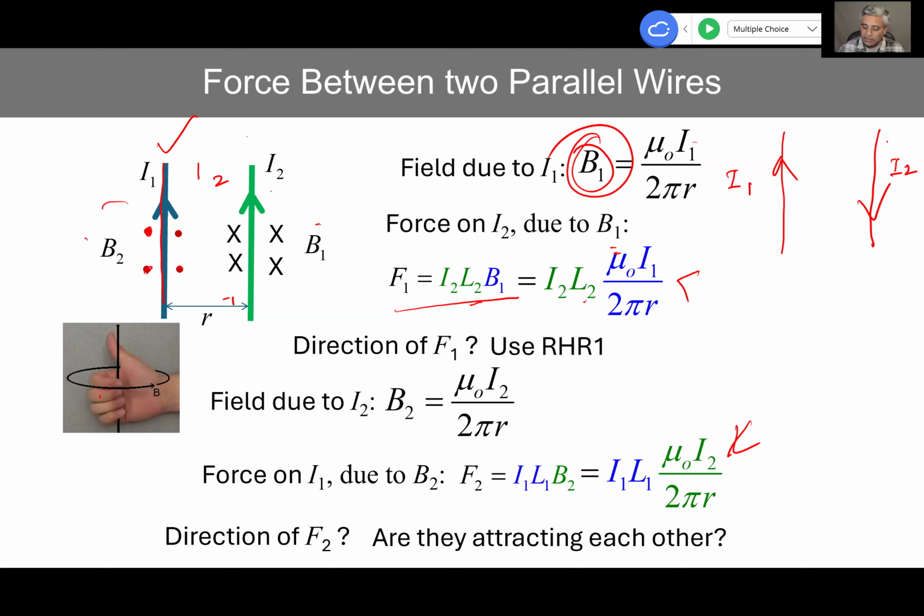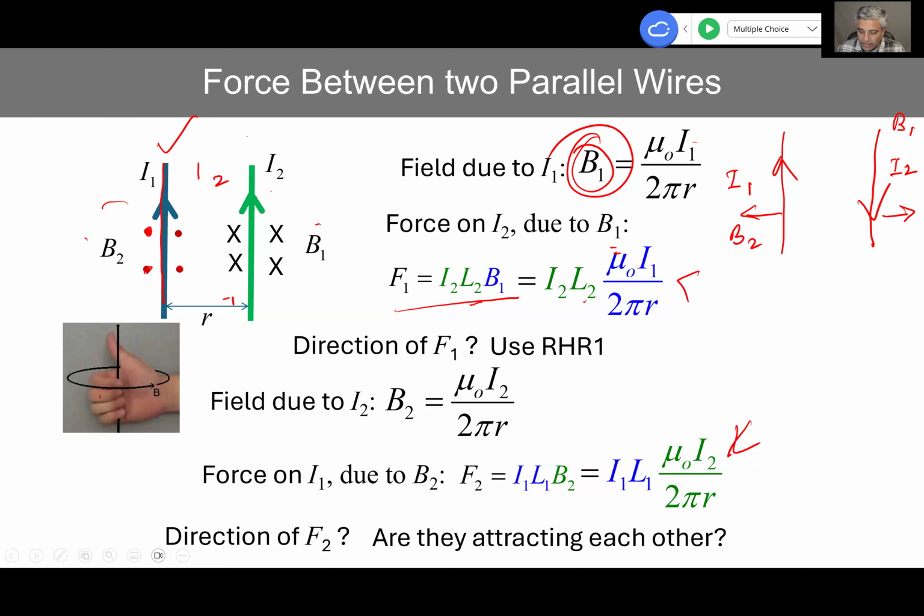So now what's going to be the field here, B1? What is going to be the direction of the field over there due to that? You figure that out, and then using the right-hand rule, you figure out the direction of force, and see if you can verify that they're going to be repulsive. So that's for you.